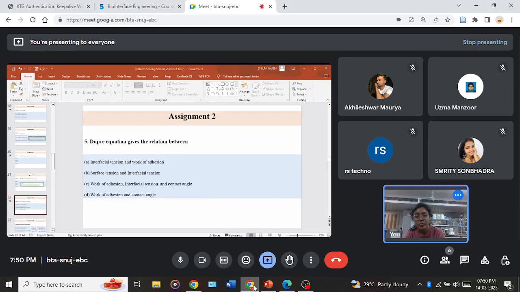Just now, at the start of the session, we revised various equations which also involved the Young's Dupre equation. So if you can try to recall what the Dupre equation was, you may be able to answer this question.